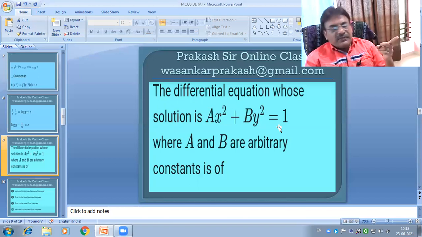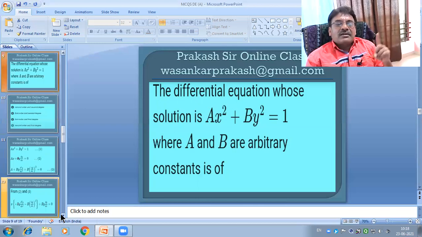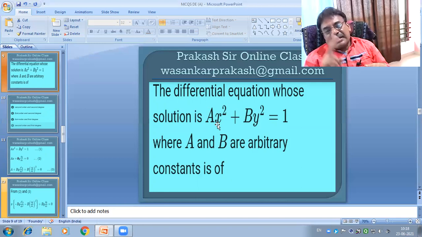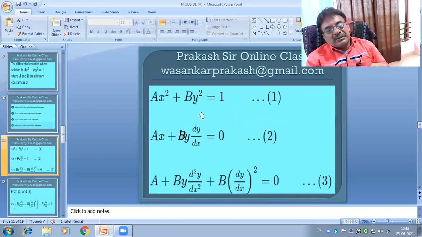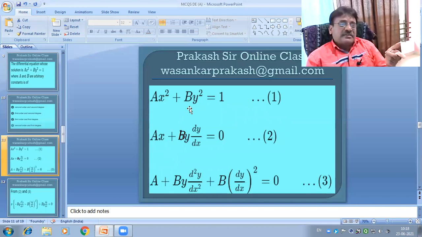First we find the first order derivative, and then the second order derivative, because this equation contains two arbitrary constants. This is the given equation, ax square plus by square equals 1. And we find the differential equation by eliminating the arbitrary constants.